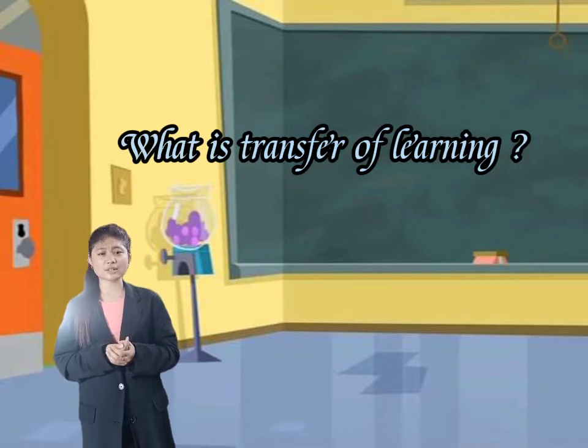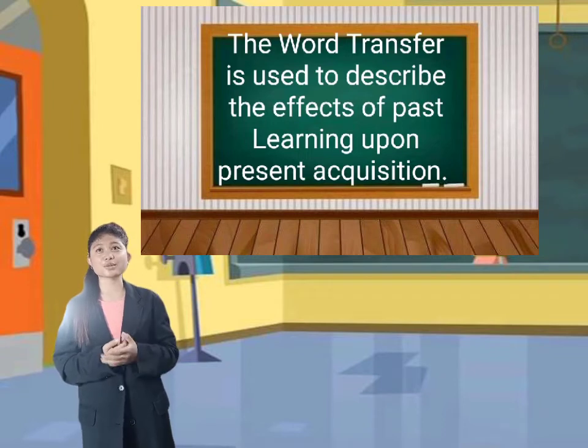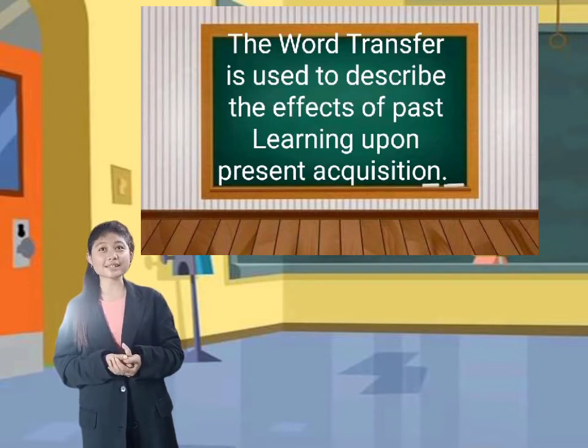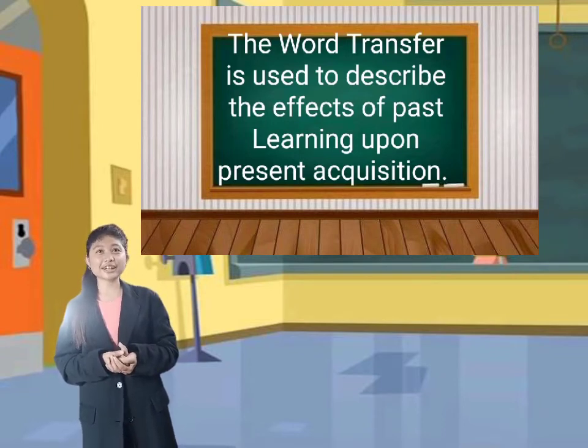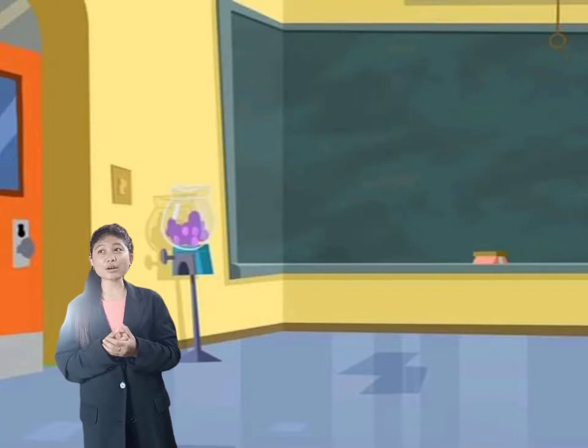What is transfer of learning? The word transfer is used to describe the effects of past learning upon present acquisition. In the laboratory and in the outside world, how well and how rapidly we learn anything depends to a large extent upon the kinds and amount of things we have learned previously.